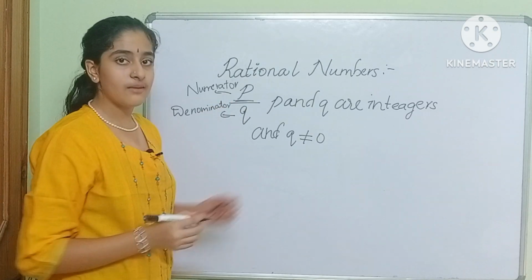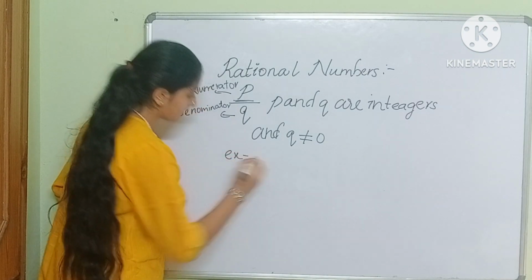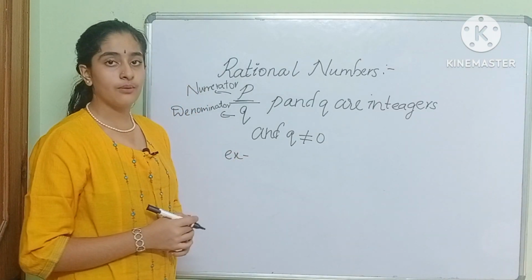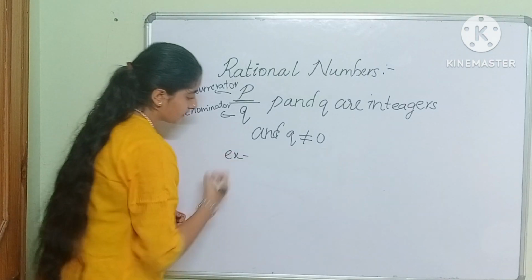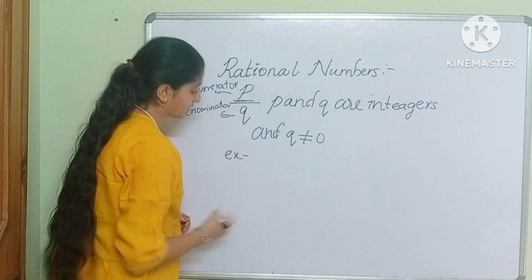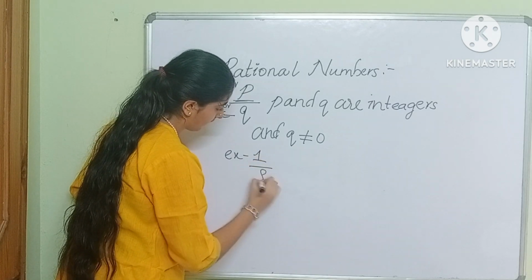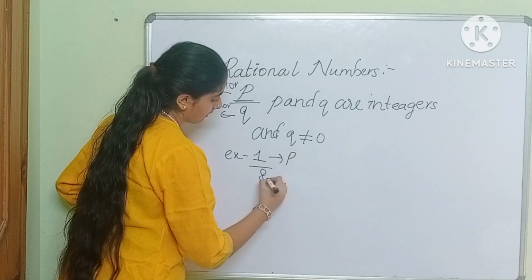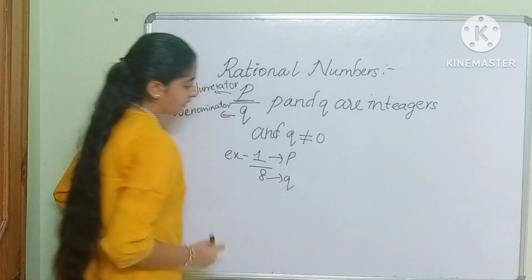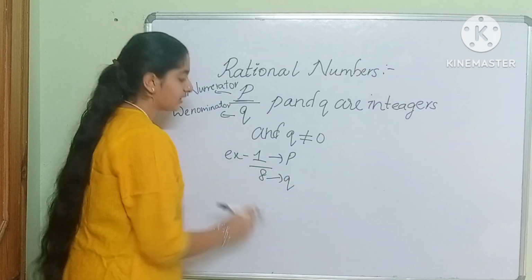So let us see some examples of rational numbers. These rational numbers can be written in the form of fractions and also in decimal forms. So let us write in fraction form. That is 1 by 8. Here 1 is P and 8 is Q. 1 is the numerator part and 8 is the denominator part.